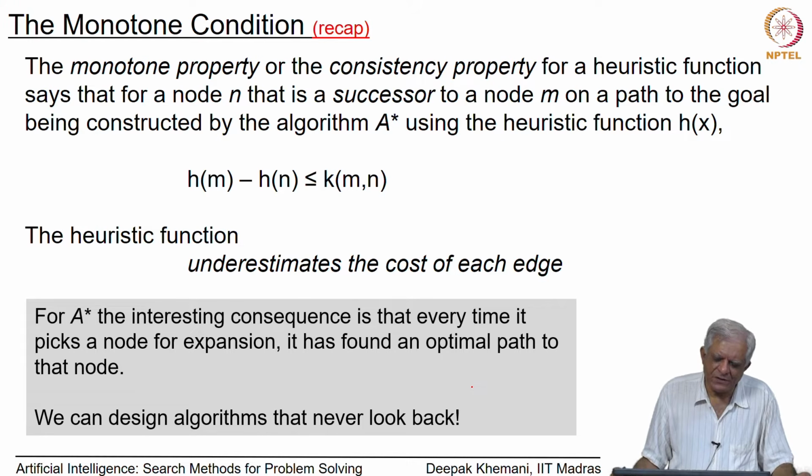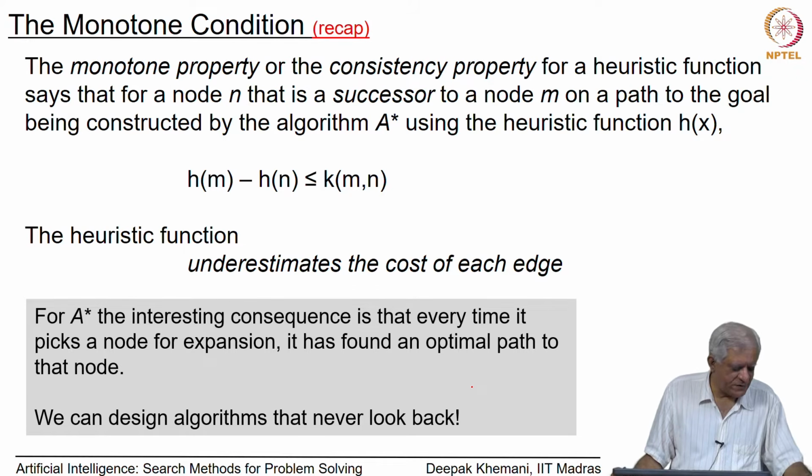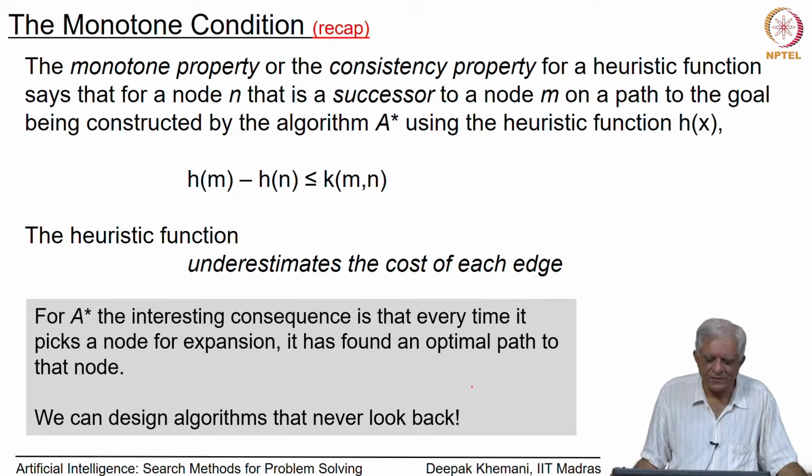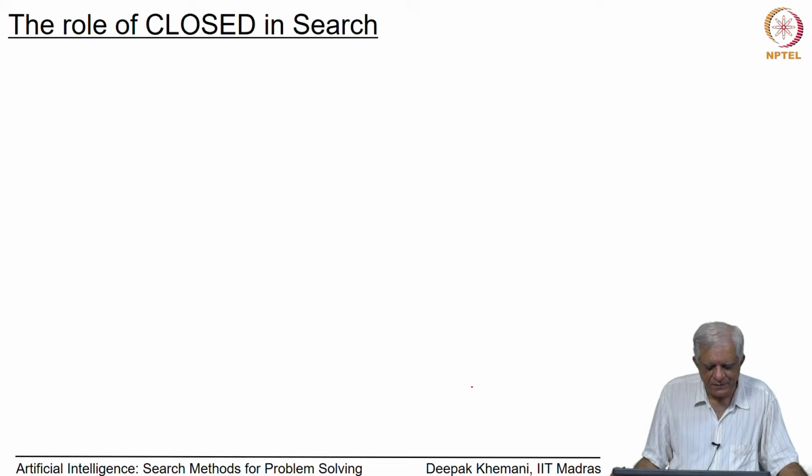The Dijkstra algorithm was a particular case of this. In Dijkstra algorithm, h of n for any node is 0. So, you can see that 0 minus 0 is always going to be less than the cost of the edge, and it is not a surprise that Dijkstra algorithm or branch and bound, they find an optimal path as well.